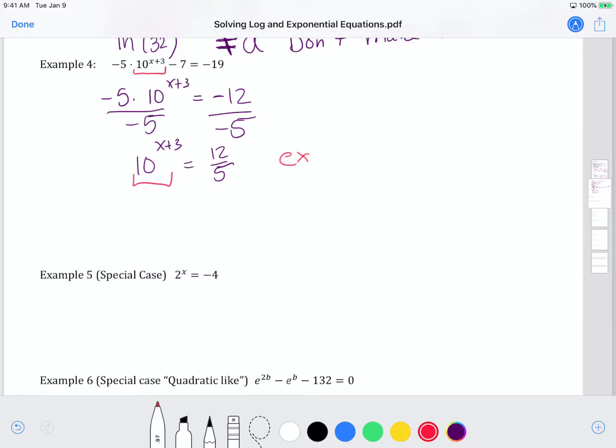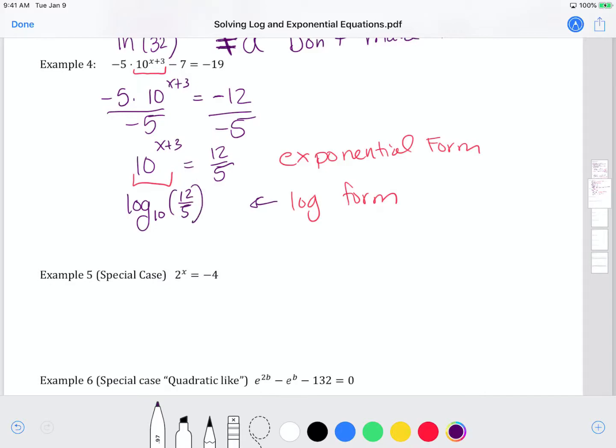So now I have my exponential part isolated. So this is an exponential form. So now I'm going to put it in log form. Okay, so my base is 10, so I have log base 10, 12 over 5, is equal to my exponent, which is x plus 3. And now to finish solving, I'm going to subtract 3 from both sides.